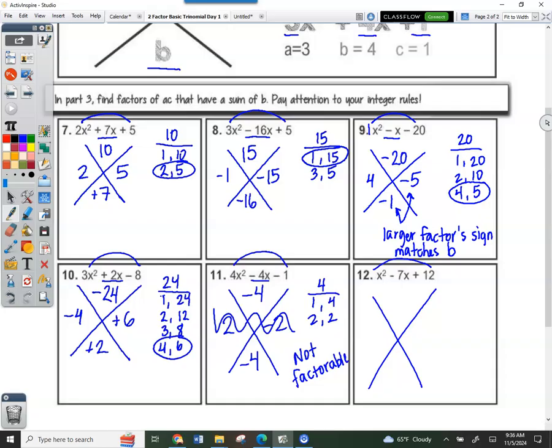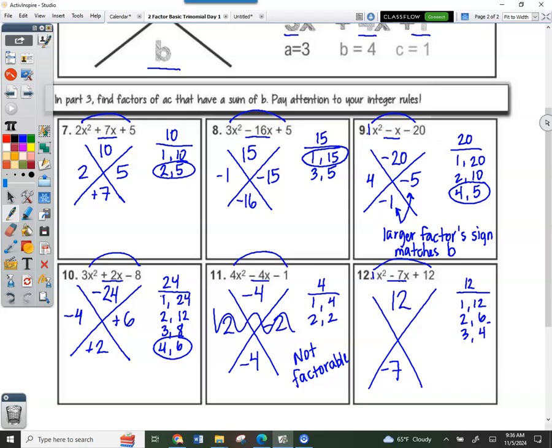All right, number 12. This is 1 times 12, and then copy B, negative 7. So we're going to work from the factors of 12. 1 and 12, 2 and 6, 3 and 4.